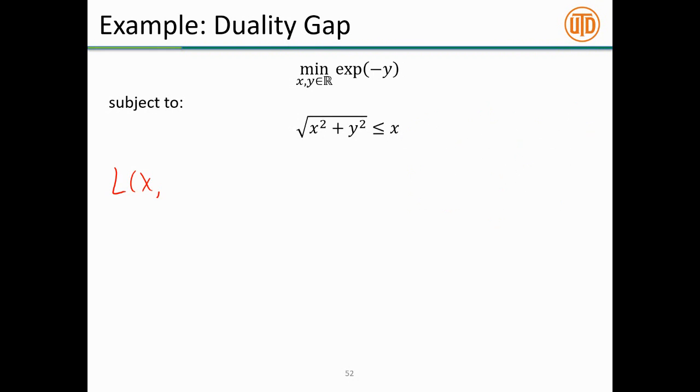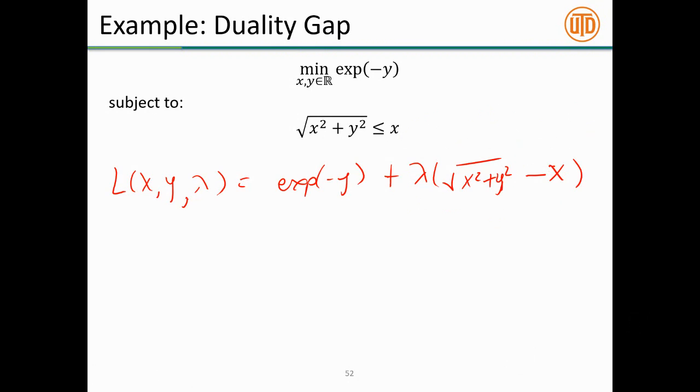So the Lagrangian is a function of x, y, and one Lagrange multiplier, let's say lambda, and it's equal to e to the minus y plus lambda times the square root of x squared plus y squared minus x. Again, because I need to write it into the form where some function of x and y is less than or equal to 0.